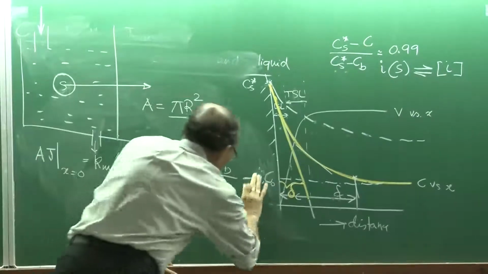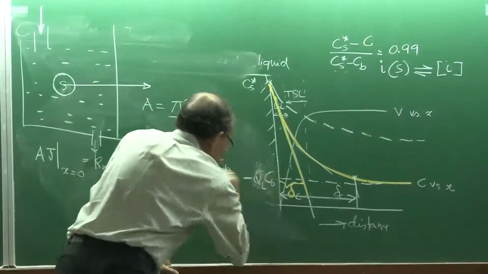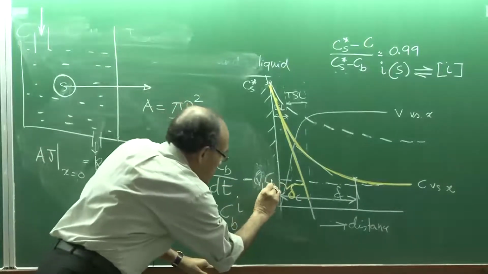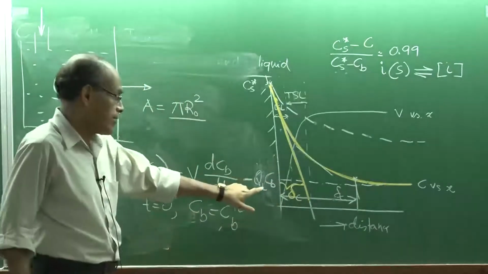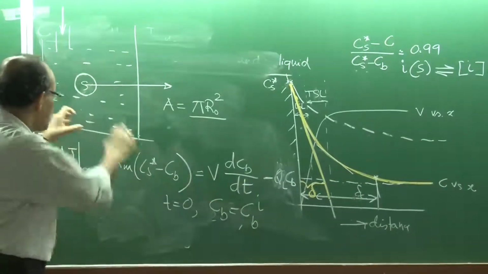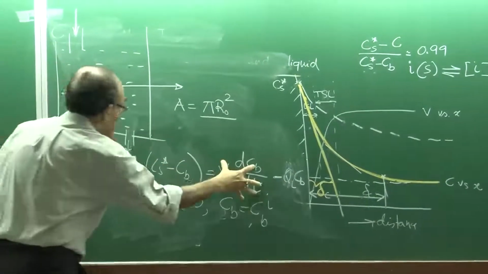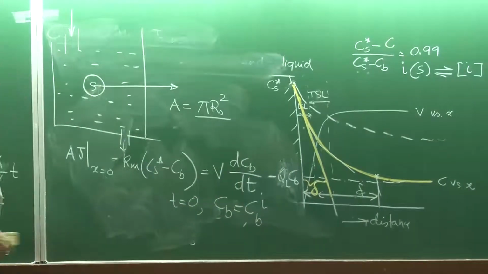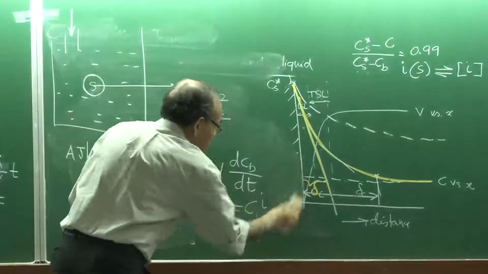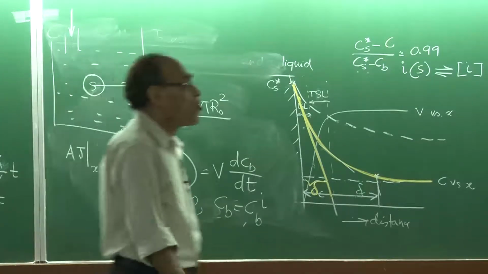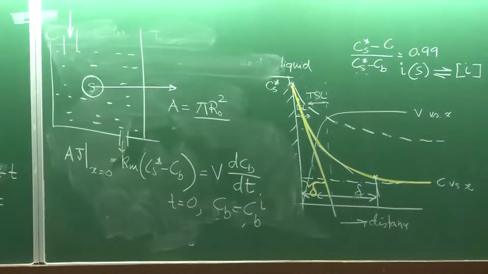No, this should be volume flow rate, not mass flow rate. So if the concentration is kg per meter cube, and this is C sub B, this will represent the governing equation: the mass transfer coefficient term is what is coming into the liquid, and this other term represents the rate at which it is going out. But if you are considering a closed system, this term does not appear, and then this equation suffices.